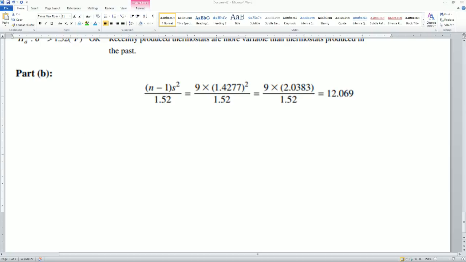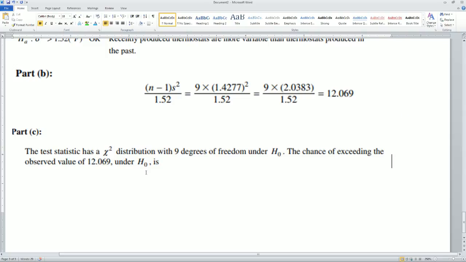Let me pull it up for you here. Remember, the test statistic of the chi-square, we said it was 9. It's the chance of it exceeding the observed value of 12.069. This is the theoretical value that we calculate, and we're trying to see if it goes above it or not.